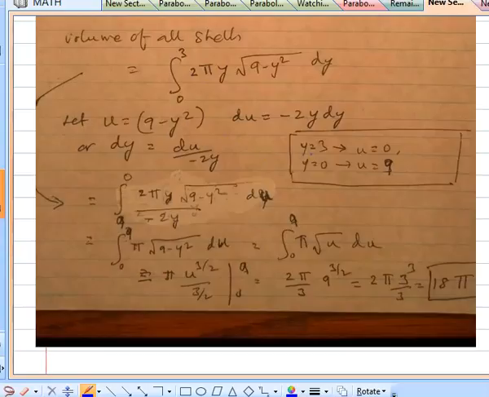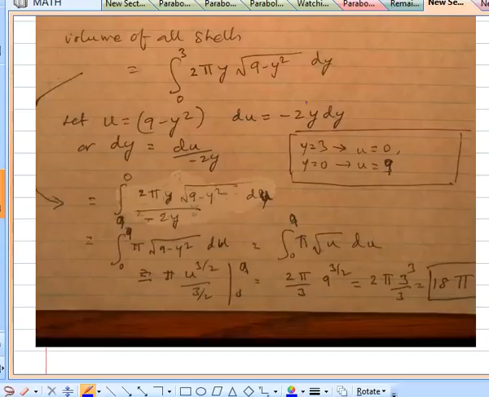In this case, if y is equal to 3, the value of u would be 9 minus 3 squared, which is equal to 0, and if y is equal to 0, u is going to be equal to 9. So if you want to leave your answer in terms of u after integration, take the limits of the integration to be whatever is appropriate for u. So that's what we're going to do here.